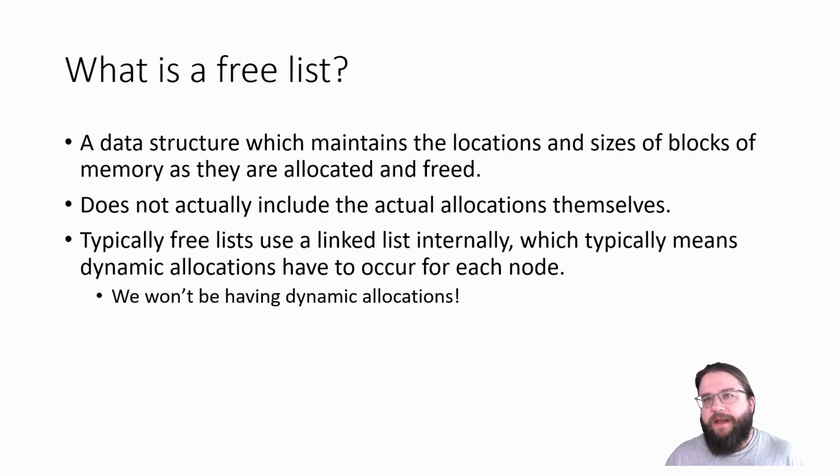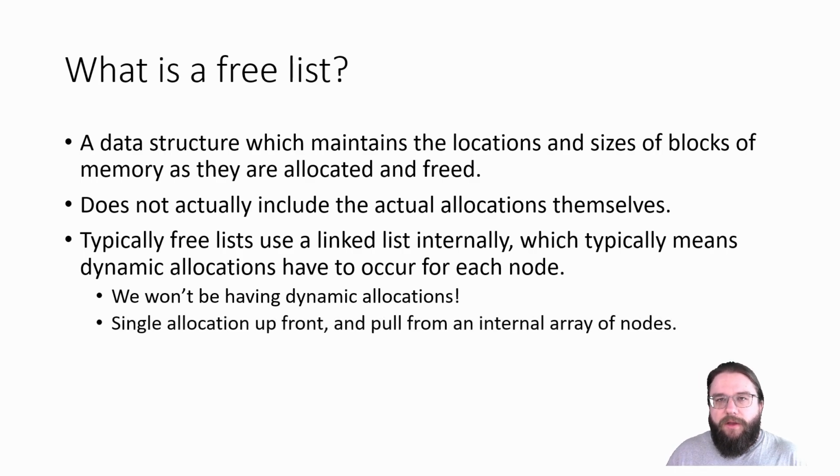We're going to allocate all the memory we need up front for the free list, and then go from there, okay? So what this means is we're going to have a single allocation, and we're going to pull from an internal array of already allocated nodes. And this is going to allow us to avoid dynamic allocation that's typically associated with linked lists, right?